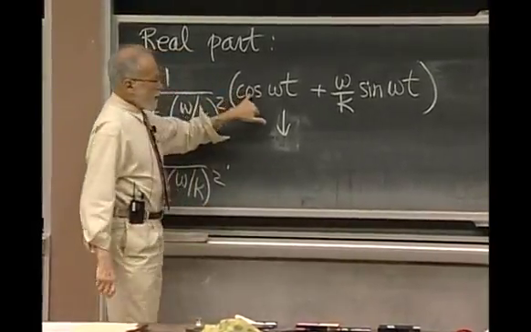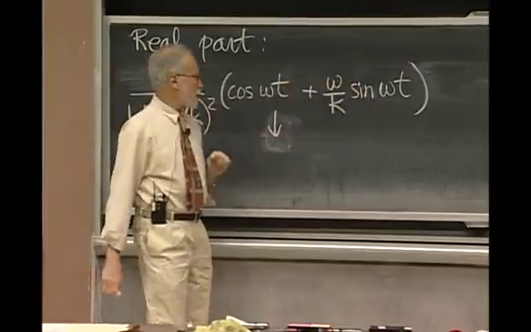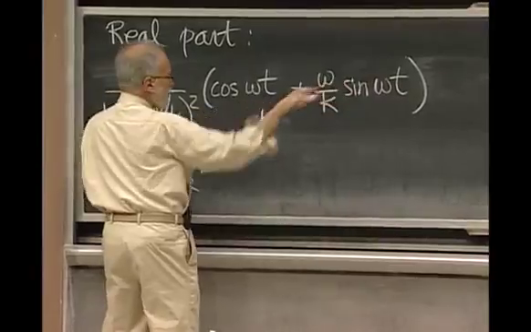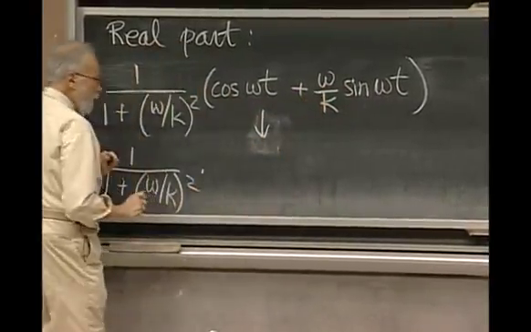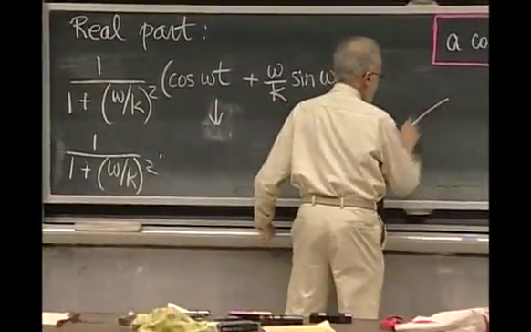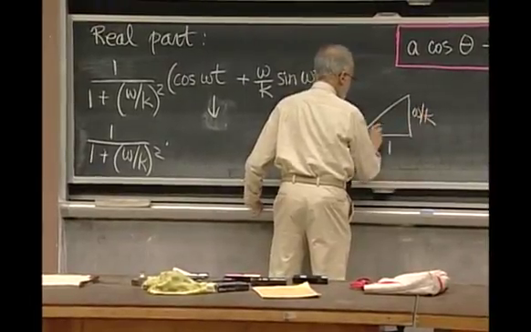Well, the amplitude, it's combined into a single cosine term, whose amplitude is, well, the two sides of the right triangle are 1 and omega over k. The hypotenuse in that case is going to be, well, why don't we write it here? So we have 1 and omega over k, and here's phi.